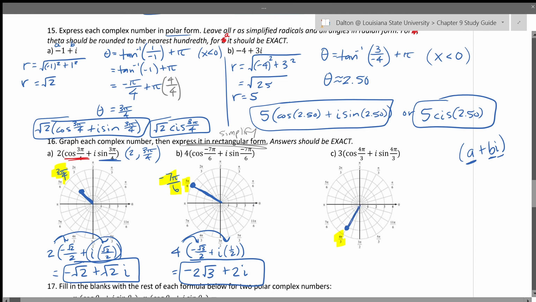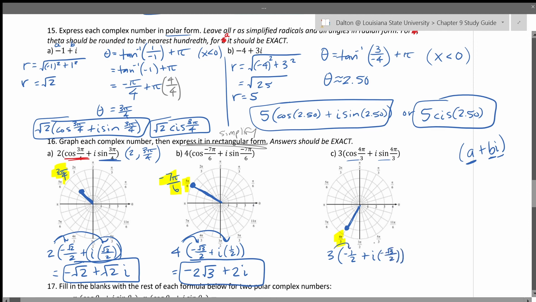And then to convert it to rectangular form, I'm going to use the unit circle to actually simplify these values. So then I get 3 times the cosine at 4 pi over 3, which is the x term, will be negative 1/2, plus i times the y coordinate at that angle, which is negative square root of 3 over 2.